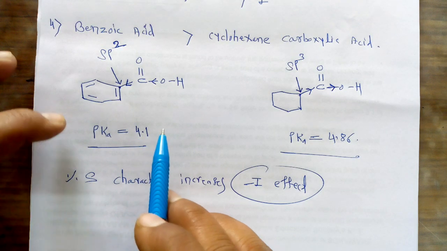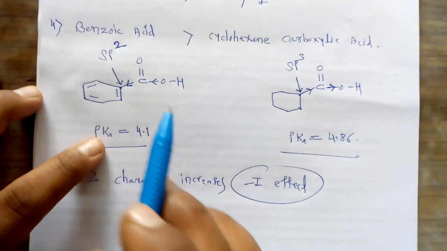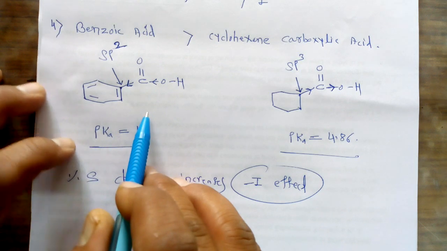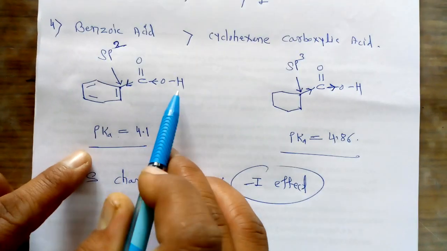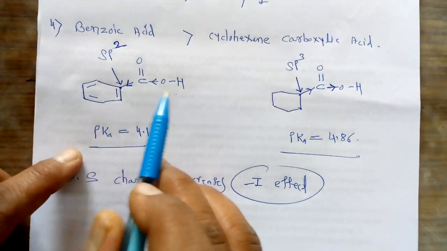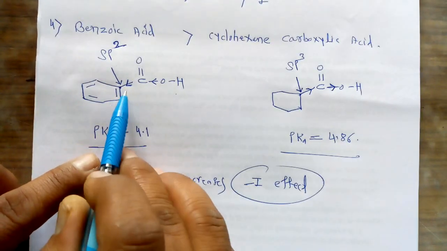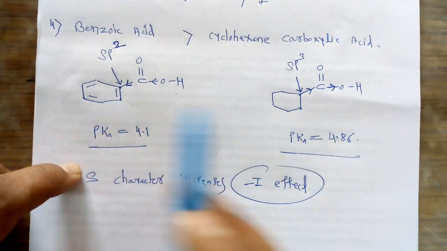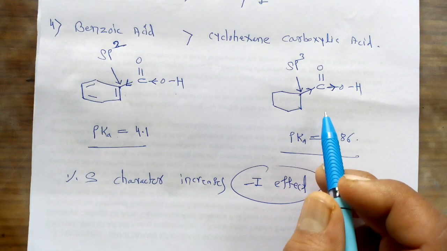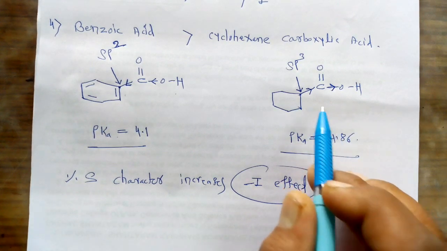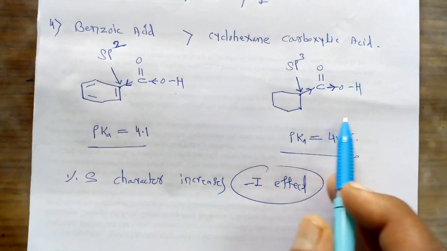Again we can say that in benzoic acid, the stability of the conjugate base formed after the donation of this H plus is more due to the sp2 hybridization of this carbon, which shows the minus I inductive effect. On the other hand, the relative stability of the conjugate base formed due to this proton donation is less.